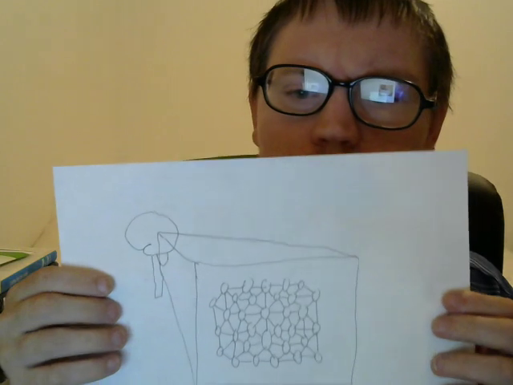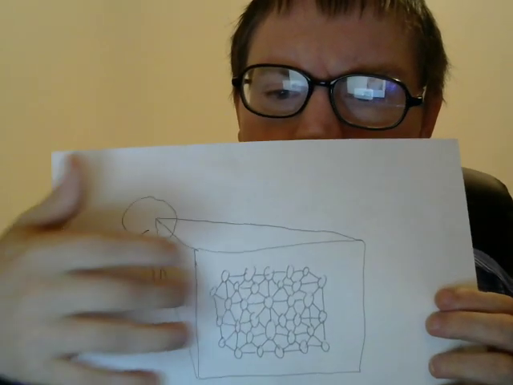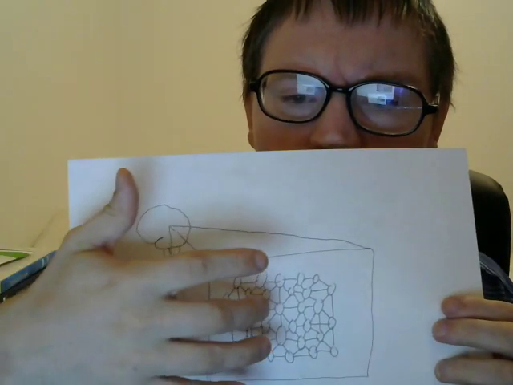And so with the grid of cells, there's going to be white matter, and then there's going to be gray matter.